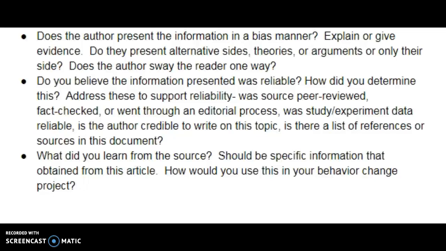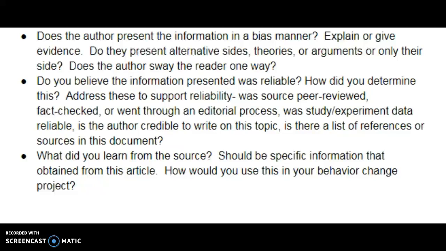But here's where we get a little tricky. You need to figure out and evaluate if the author is presenting the information in a biased manner. So bias means it leans one way or the other. So explain if there is bias, if you feel there's any bias on the part of the author in the writing, and how can you tell that?